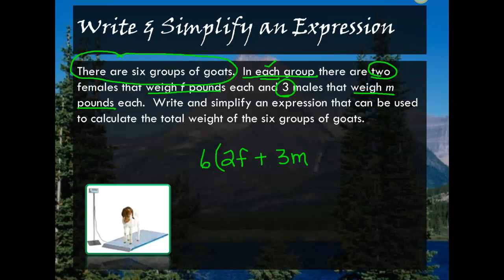Then we can use our distributive property to simplify. We would multiply 6 times 2f, and that gives us 12f. Then we will multiply 6 times 3m, and that gives us 18m. The total weight of the 6 groups of goats can be represented by the expression 12f plus 18m.